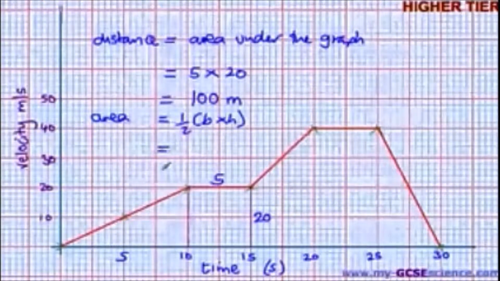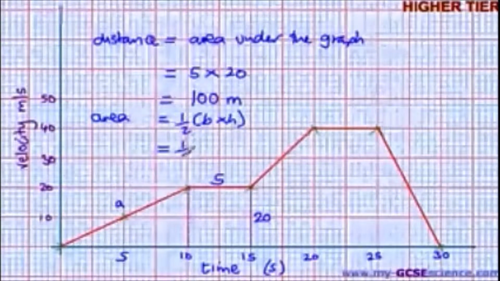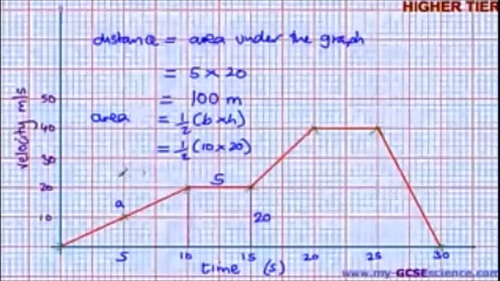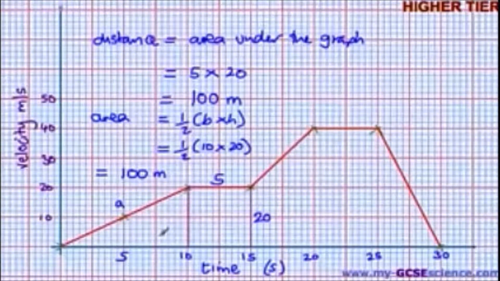So for part A, this section here, the distance travelled is half of the base times height, so that would be half of 10 times 20. I'm using the base as 0 to 10, so that's 10, and the height as the velocity change from 0 to 20, so that's 20. So 10 times 20 is 200, and half of that is 100. So the distance travelled is just coincidentally 100 meters. That's how you calculate the distance using a velocity time graph.